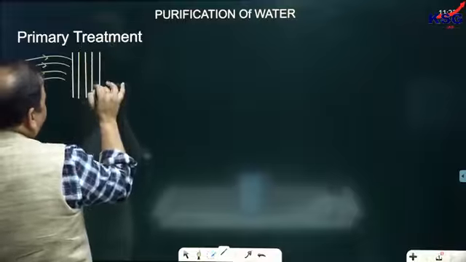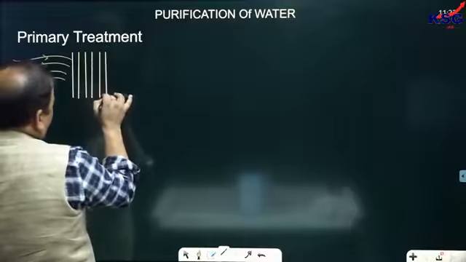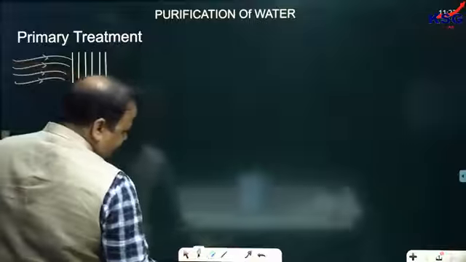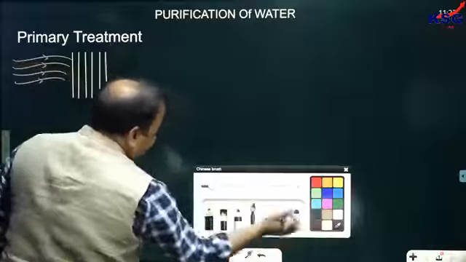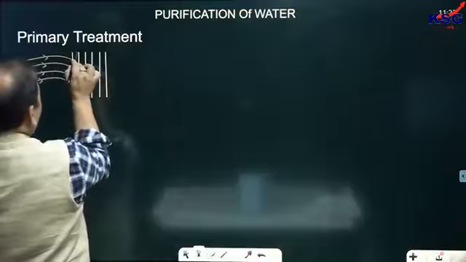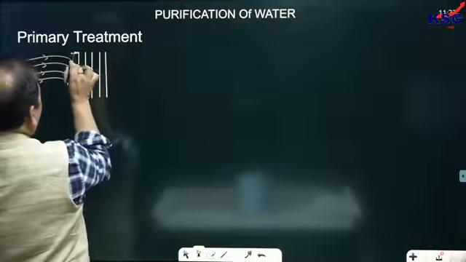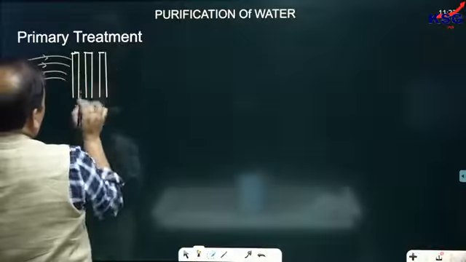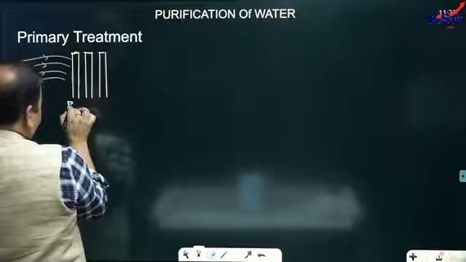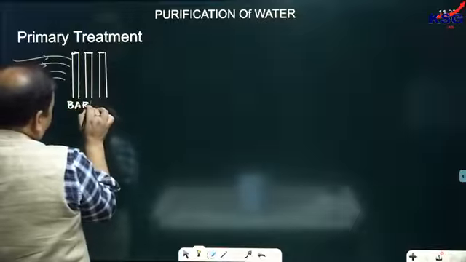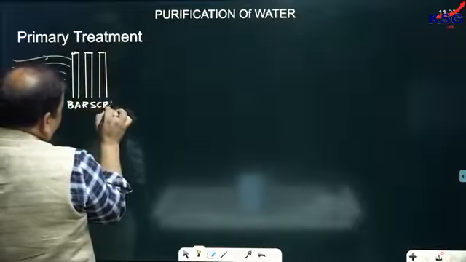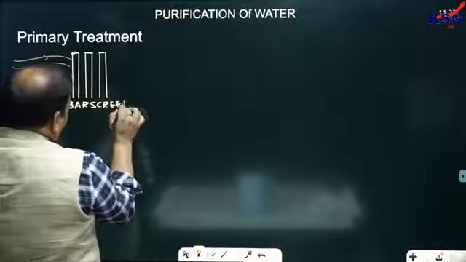And by remembering this figure, you will remember how contaminated water would be treated. Now this is your bar screen through which contaminated water is passed.